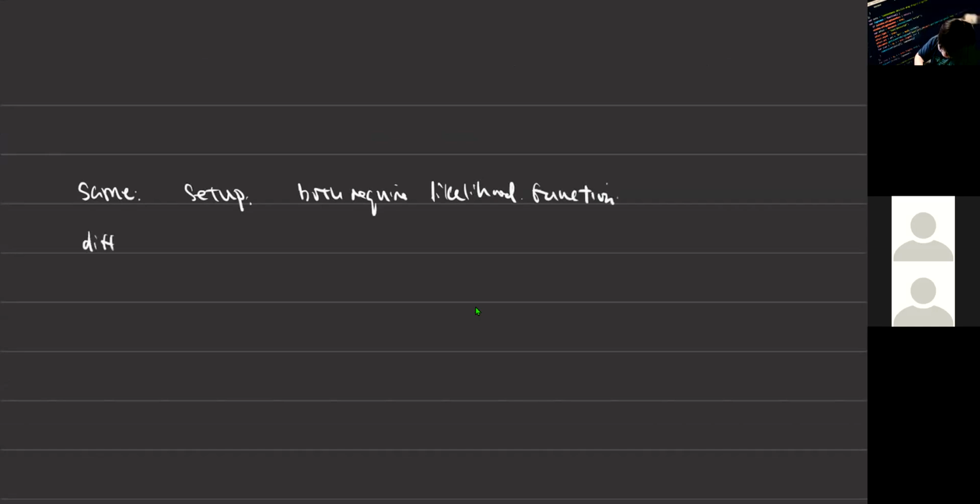Now the difference is, in MLE, because the log function is monotone, we're simply trying to find the optimal point in that function, and that's it. But a loss function is just the setup. It doesn't tell you anything about how to solve the optimization problem.